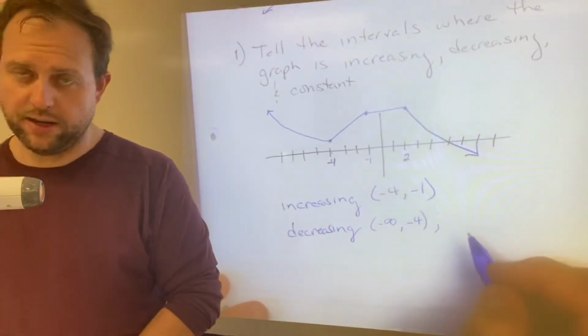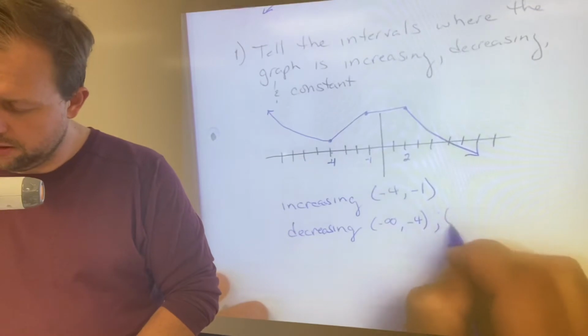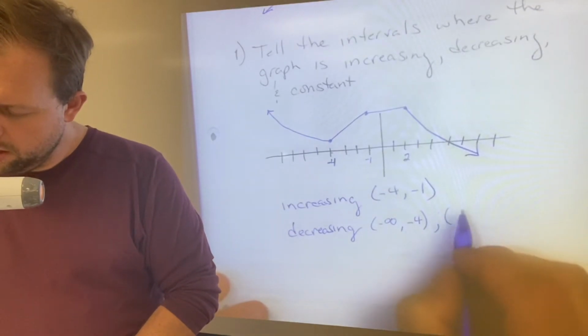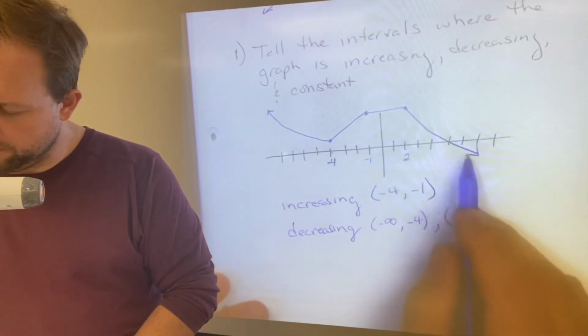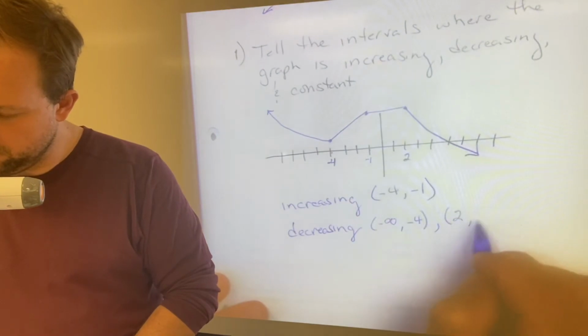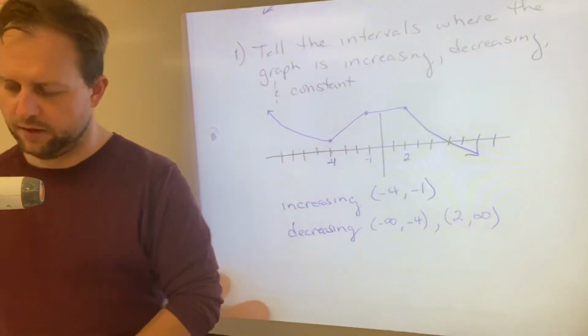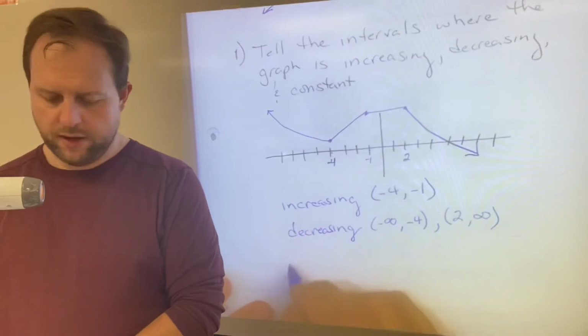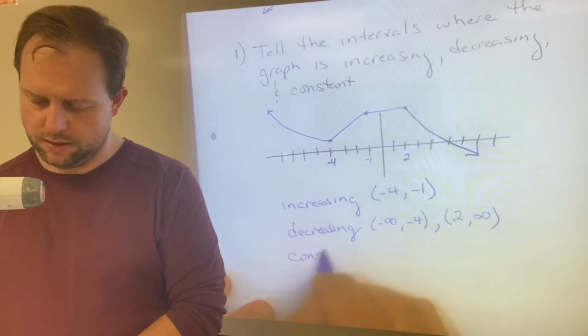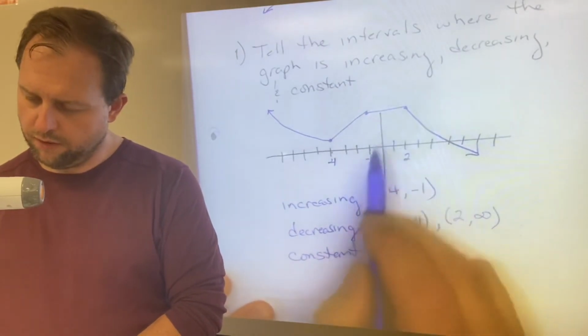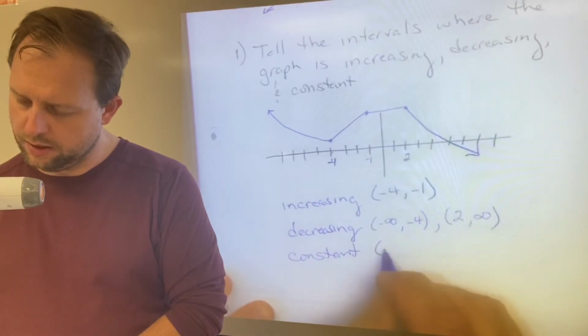It's not a union this time, it's just comma, new domain, and it's from the domain of 2 to infinity, it's decreasing. And then it was constant from -1 to 2.